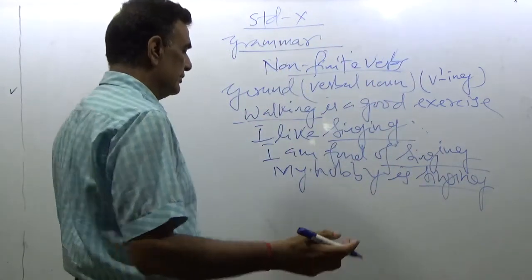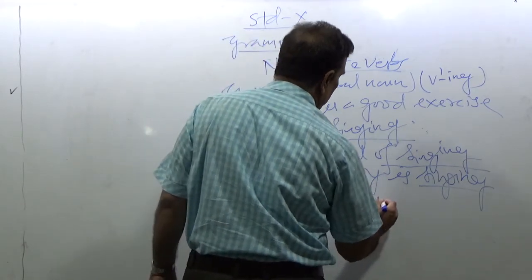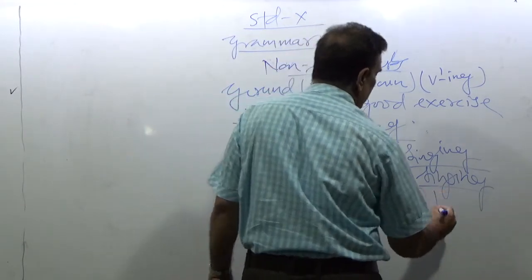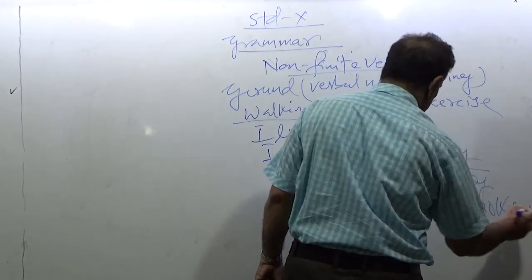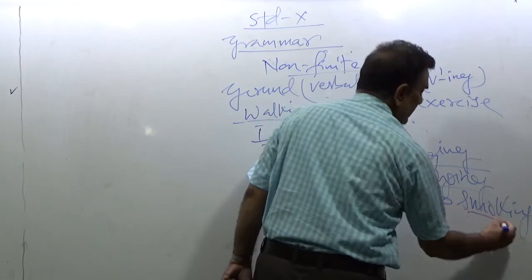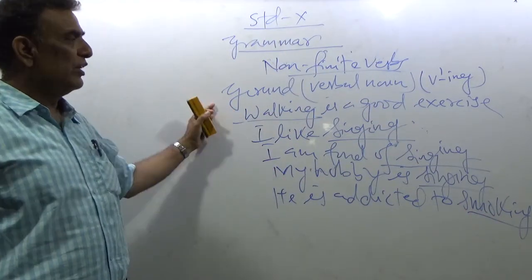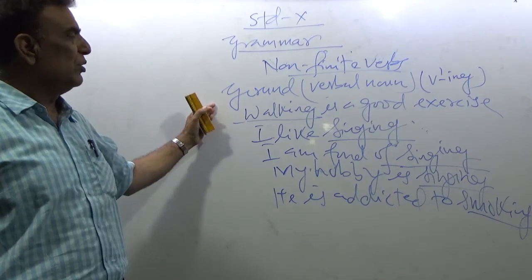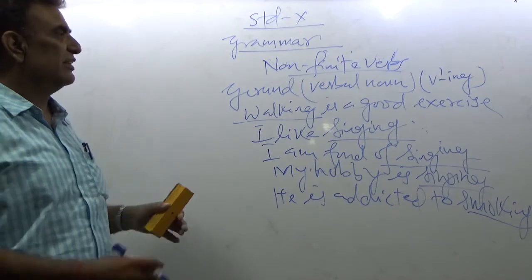Again a gerund. He is addicted to smoking. Gerund. So you can see how the verbal form is used as a noun, and this is called a gerund.